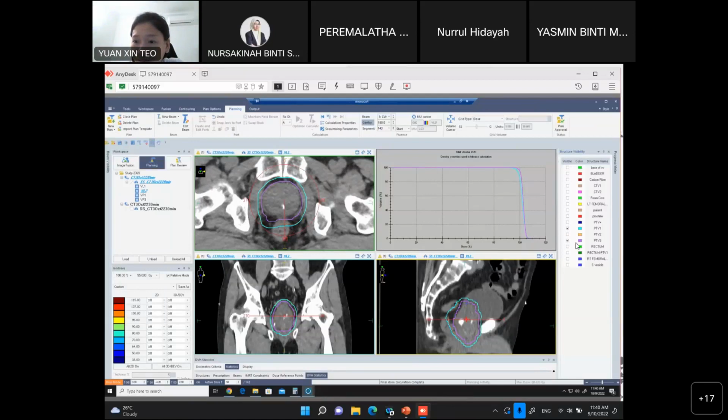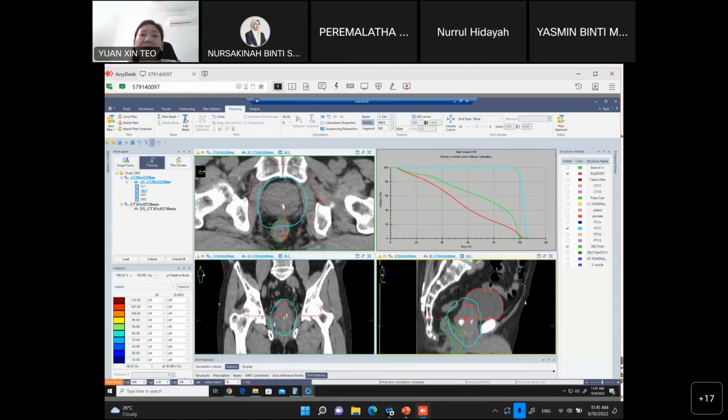This blue color is my PTV. The doctor wants 55 gray all over this target volume, while the physicist will need to save the bladder and rectum dose.